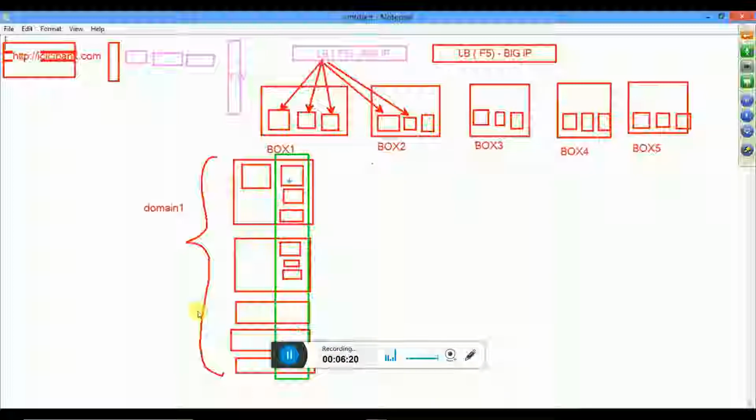So you have a hybrid cluster. A horizontal cluster is multiple or different boxes. A vertical cluster is all servers in the same box. Whereas in a hybrid cluster you have some of the servers in the same box and other servers in different boxes. So you are using a hybrid cluster. Now you have one domain, 15 JVMs.